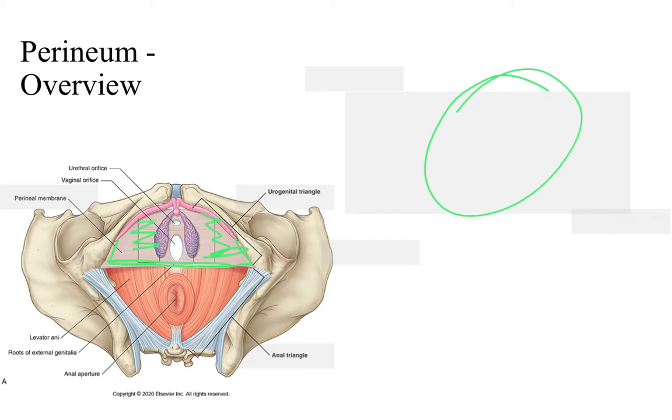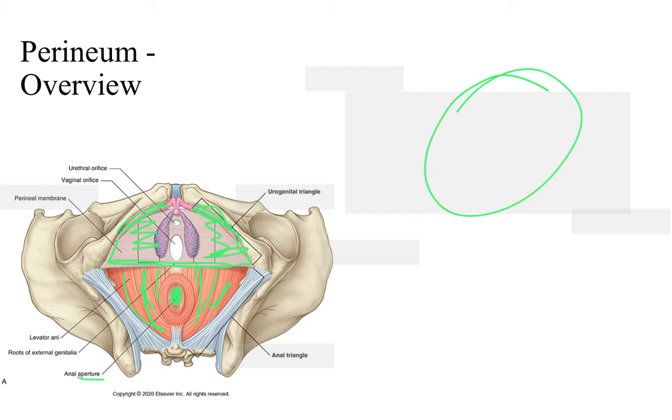All right, and then we have our reproductive structures that are anchored to the pelvic bones right here in the female. Of course, that would be the erectile tissues of the female clitoris. And then just on the other side of that, we will have our levator ani muscles, which will be all of these that take, you can see right here, as well as the anal aperture, which is the hole for the anus.